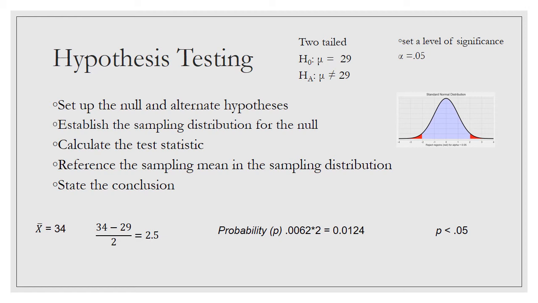So in this example, because we chose the level of 0.05 significance ahead of time, we could say we reject the null hypothesis, because we calculated that value of 0.0124, and it is indeed less than the level of significance we were originally searching for, which was 0.05. Now, if it were the other way around, that is, the value that we calculated were above 0.05, we would say that we failed to reject the null hypothesis.